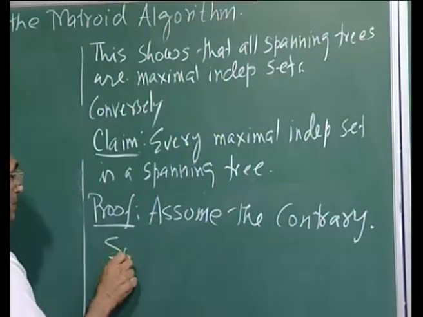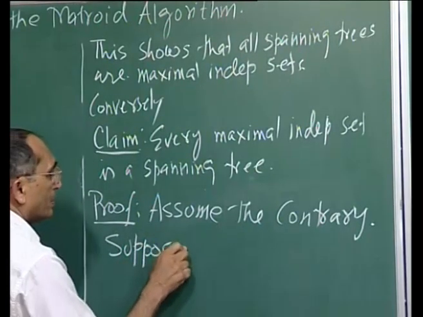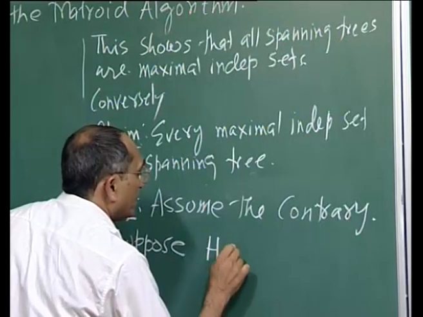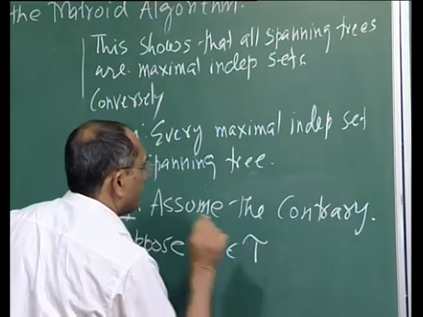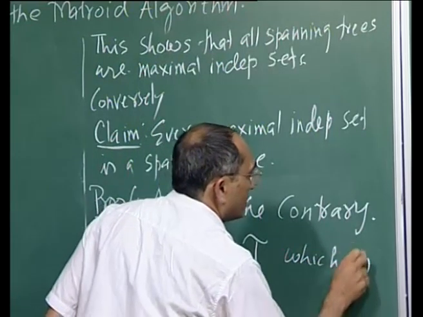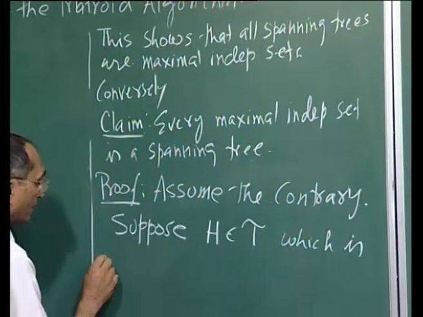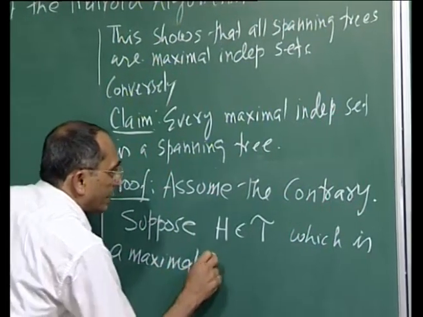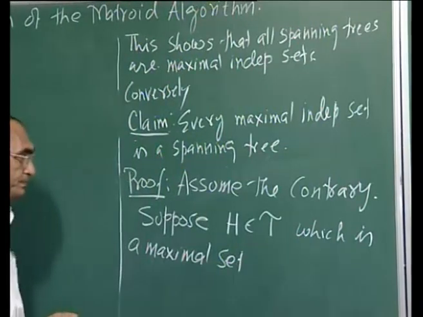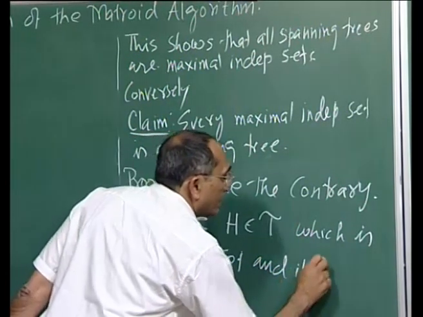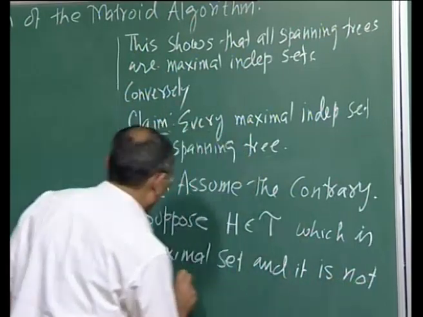Now, suppose we have a member H of T which is a maximal set and it is not a spanning tree.